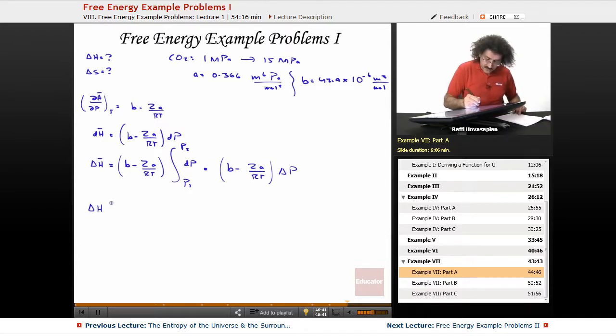So our delta H, this is molar, is going to equal B minus 2A over RT times delta P. Let's plug in all of our values.